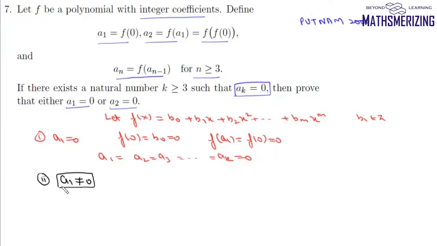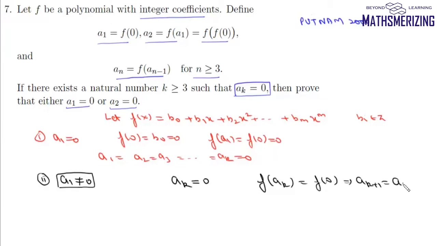Now in the question we have some number k greater than or equal to 3 such that ak is equal to 0. So ak is given as 0. Now we'll take f of ak, which will be f(0). Now f of ak is nothing but a(k+1). So a(k+1) is equal to f(0), and f(0) is nothing but a1.